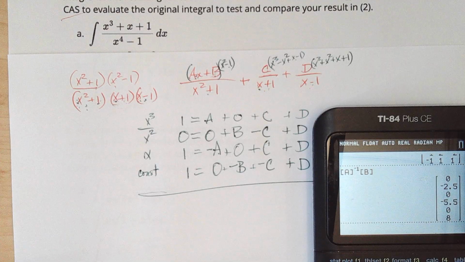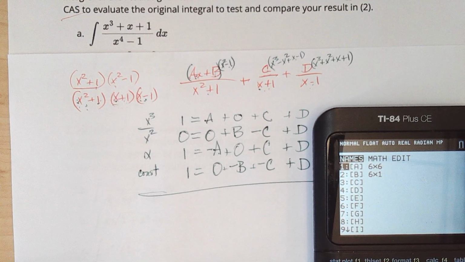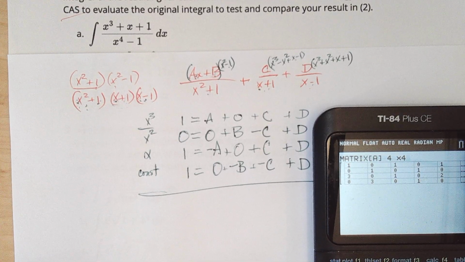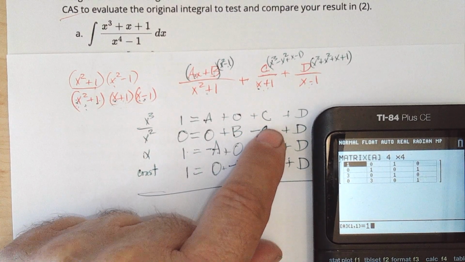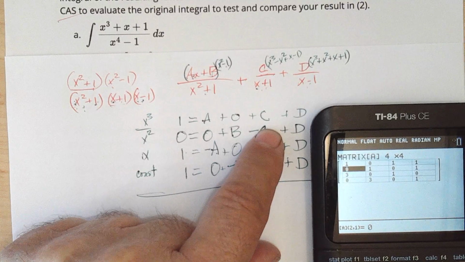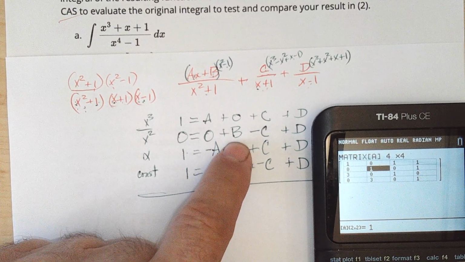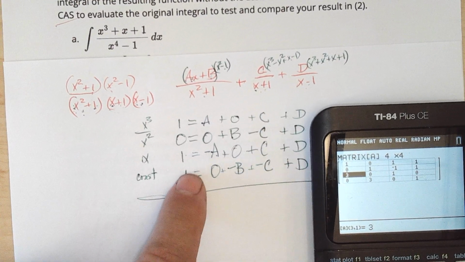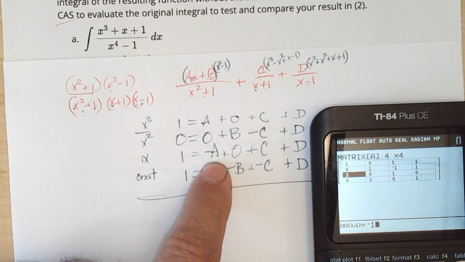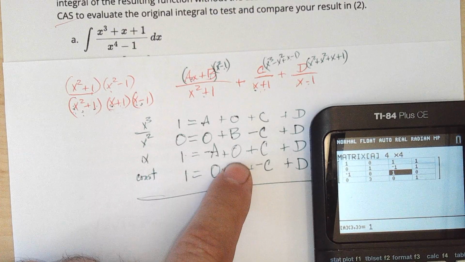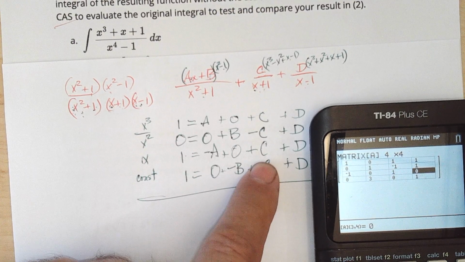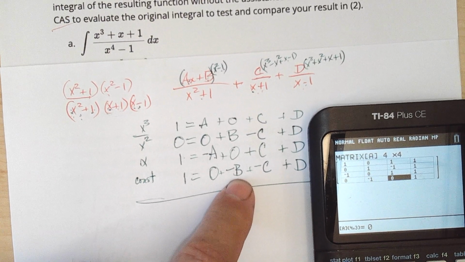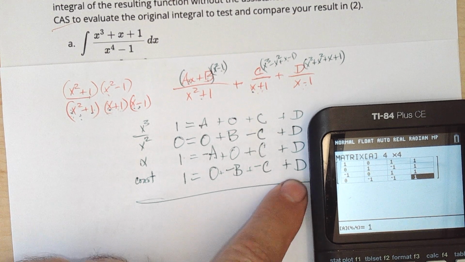So this is going to be, my A will be a 4 by 4 and 1 0 1 1, 0 1 negative 1 1, negative 1 0 1 1, 0 negative 1 negative 1 1.